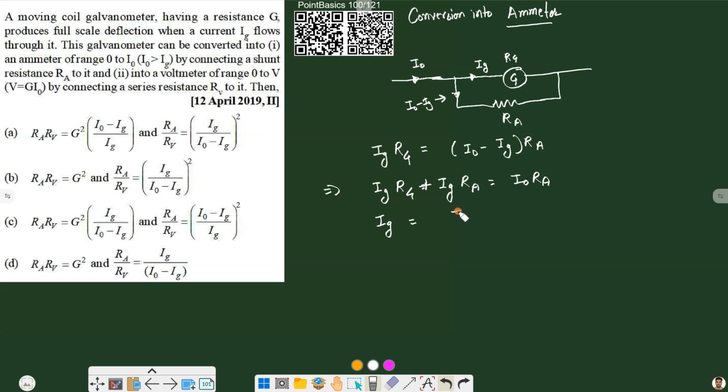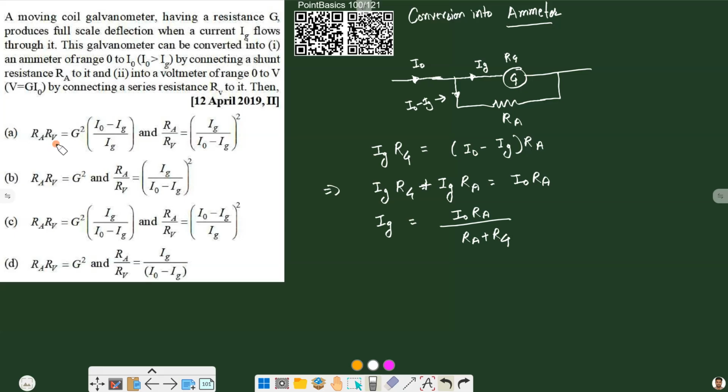So Ig will be I node Ra divided by Ra plus Rg, where Ra is the parallel shunt resistance in case of ammeter. And in the option we can see that we have Ra and Rv. Ra is the shunt resistance in case of ammeter, and Rv is the series resistance in case of voltmeter.